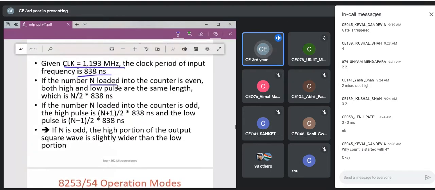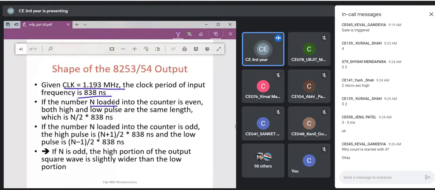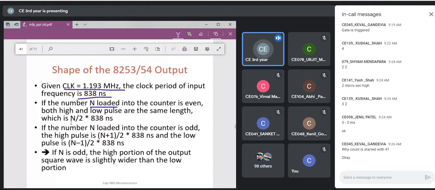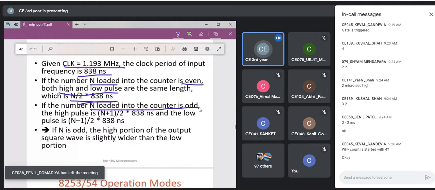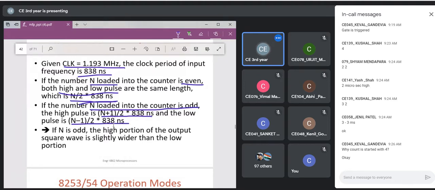Now n is loaded, then for how much time will it be high in mode 3? It will be high for n by 2 times this period. And for the same time it will be low if n is even. High and low will be of this duration. But if n is odd, then n plus 1 by 2, it will be high, and n minus 1 by 2, it will be low.